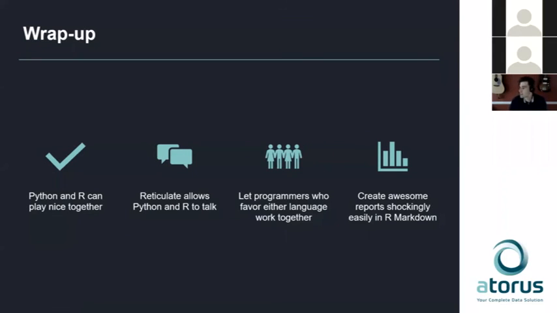All right, so we're getting towards the end here, so I really just wanted to bring everyone back in and do some last wrap up. I really just have a few points that I want to close on. We wanted to show you today that Python and R can play nice together, and that you can use them within the same document.